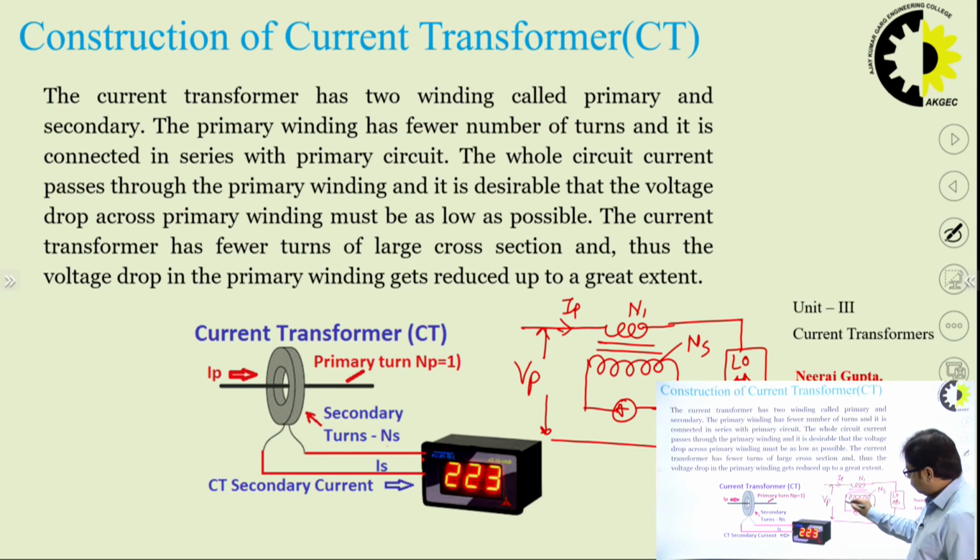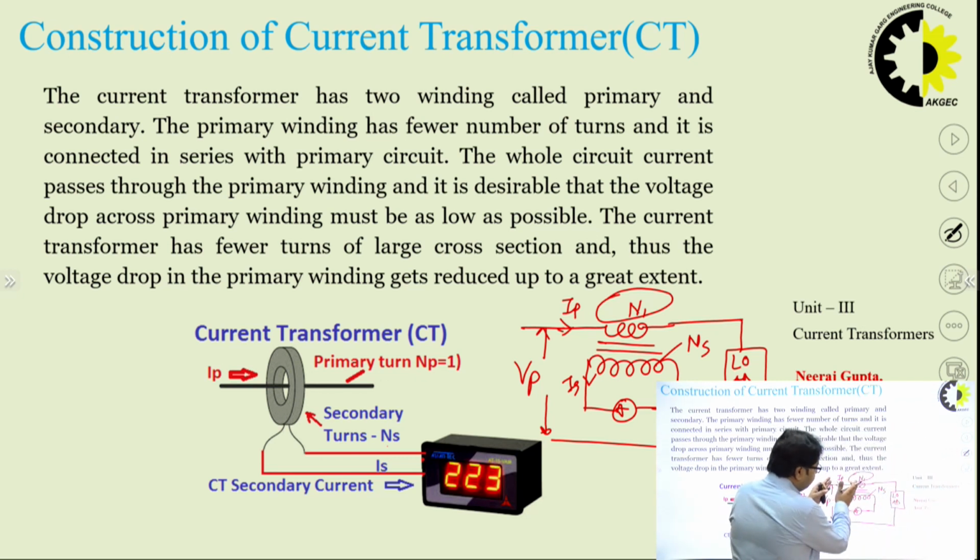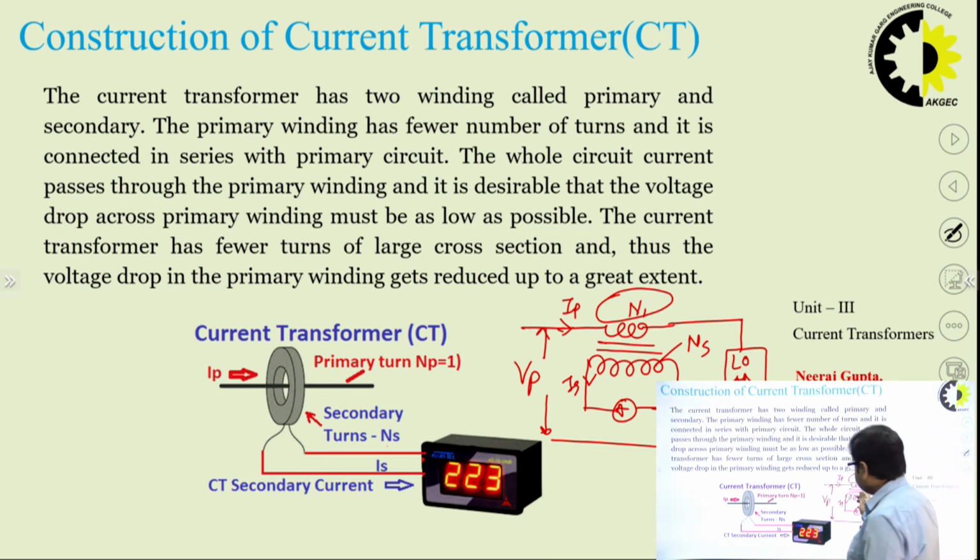The secondary current IS flows through this circuit. The drop across N1 should be as minimum as possible, and as it will be minimum, the current in the primary circuit will be exactly replicated in the secondary circuit. The primary winding is generally made of thick wires so as to make its impedance as small as possible, so the least drop is available in the primary winding.